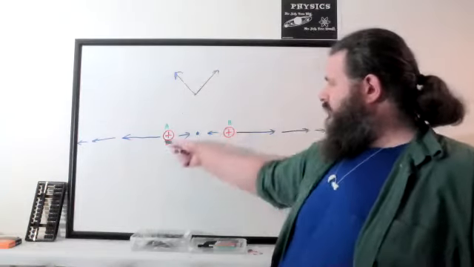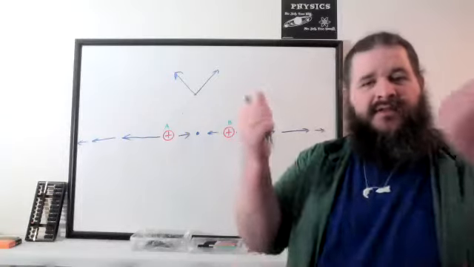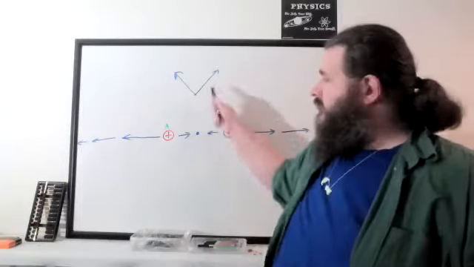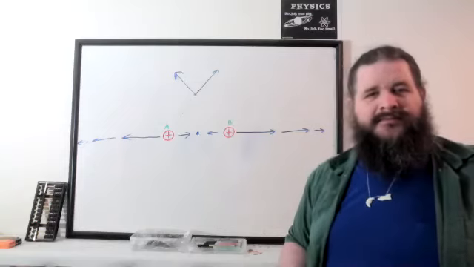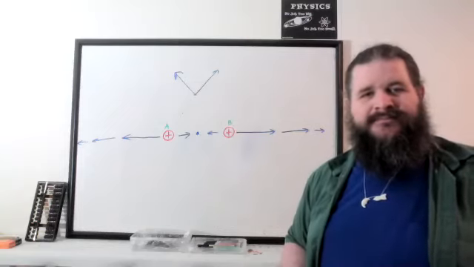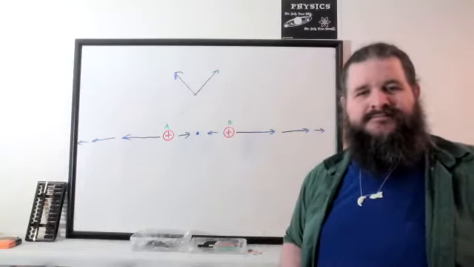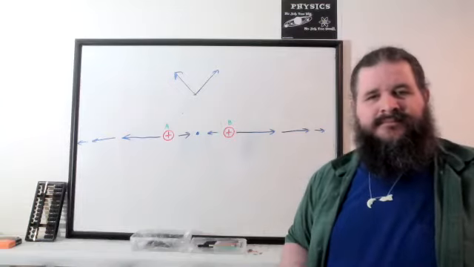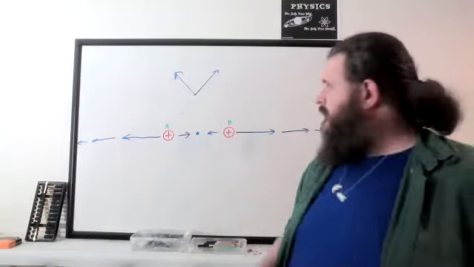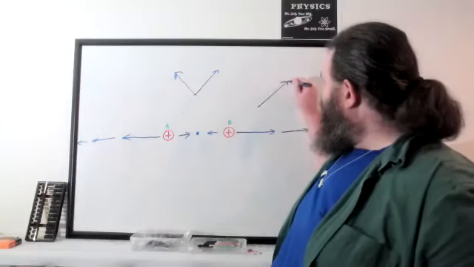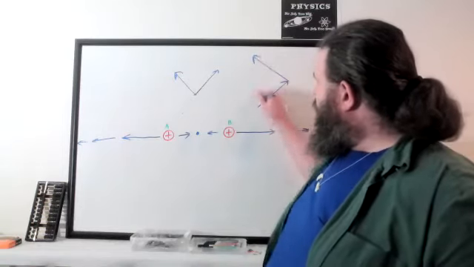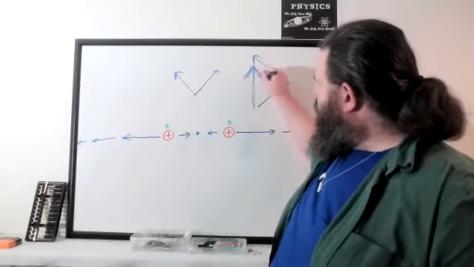Same distance, same strength charge, so we should get same strength electric field. When we add these together, what would you expect to happen? Should be straight up, right? If you add this vector plus this vector, the result is straight up.